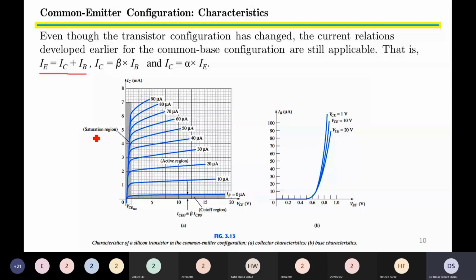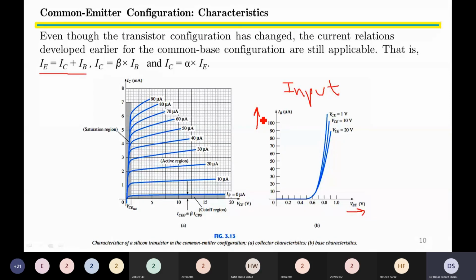Now, figure 3.13, part B. We will look at part B first. Part B shows the input characteristics. The input characteristics have been established between VBE, base emitter voltage, on the x-axis and base current on the y-axis.